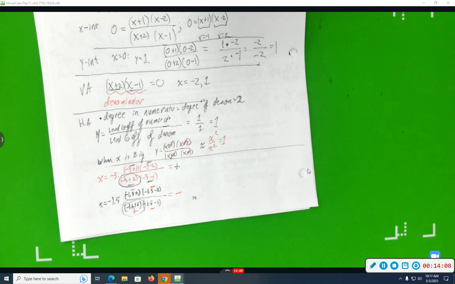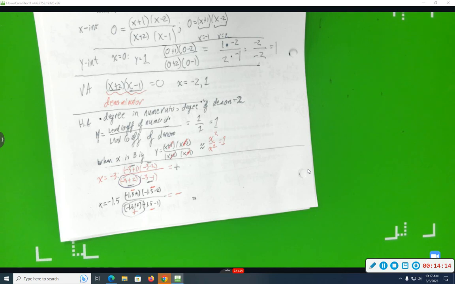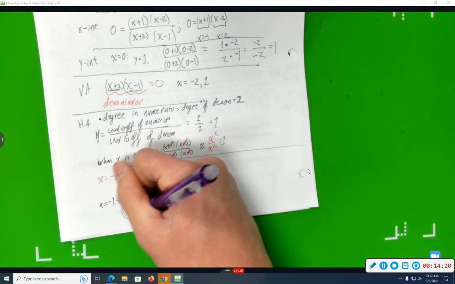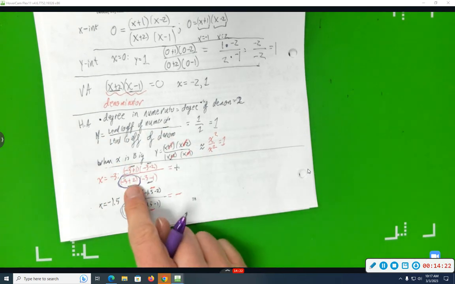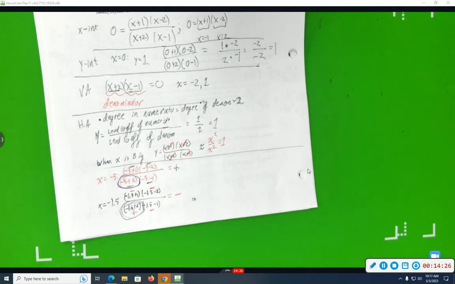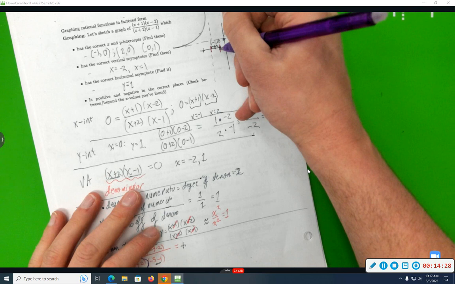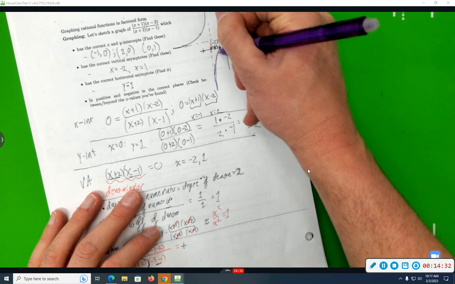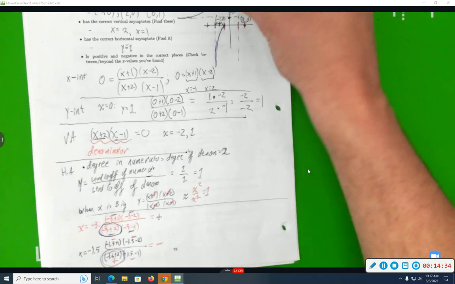All the others stayed the same in terms of positivity or negativity. Whenever you cross through a vertical asymptote or an x-intercept, whether the sign changes will be completely determined by the thing that gave you that vertical asymptote. This term goes from negative to positive, so the sign of the whole thing will change. So it has to go to negative infinity, and then get to that x-intercept.